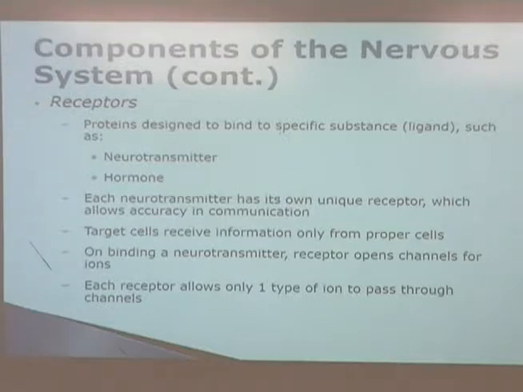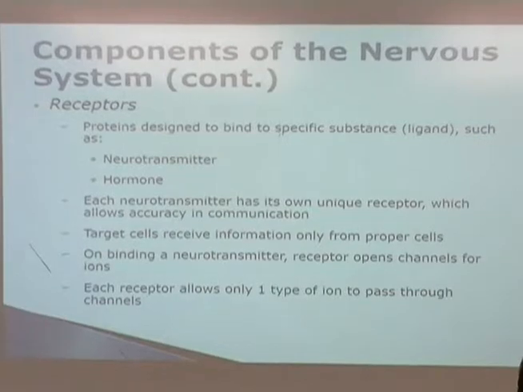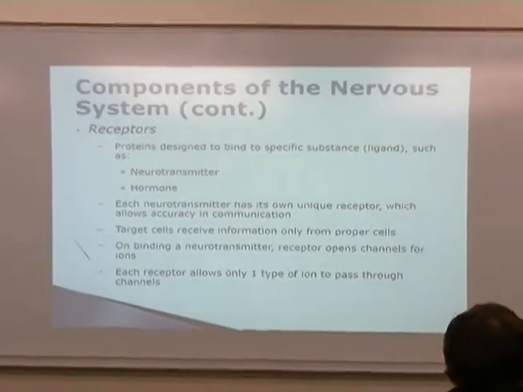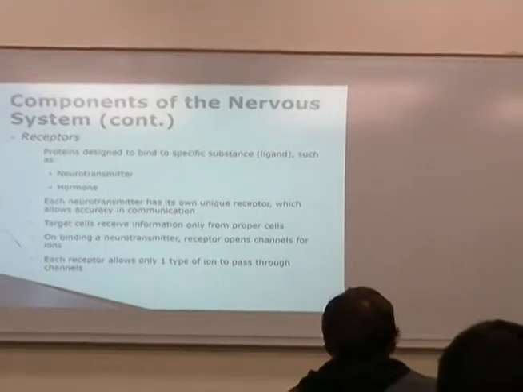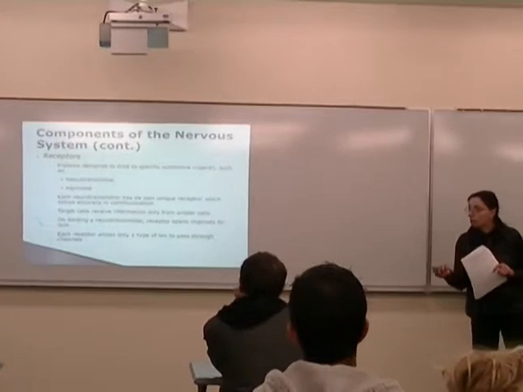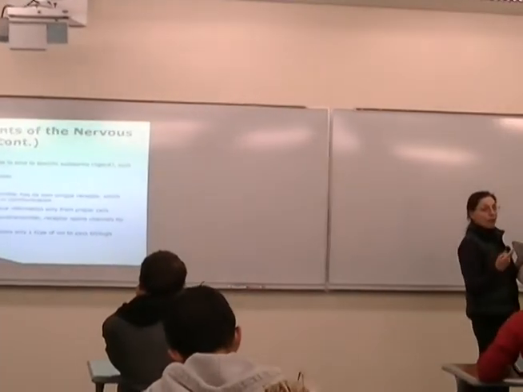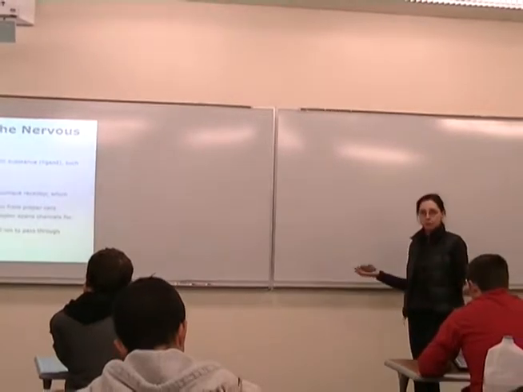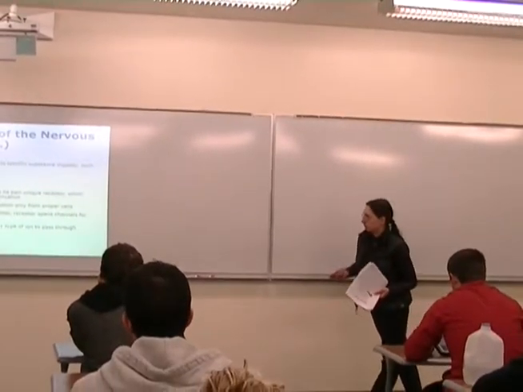Electrical signal, electrical current, is exactly the same as if you do wiring in your house. It just means that there's an imbalanced charge across, in our case, a membrane. So, only one kind of ion per receptor. Everything is highly, highly specific. That's the big picture.